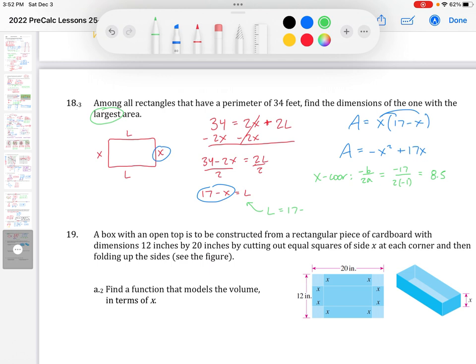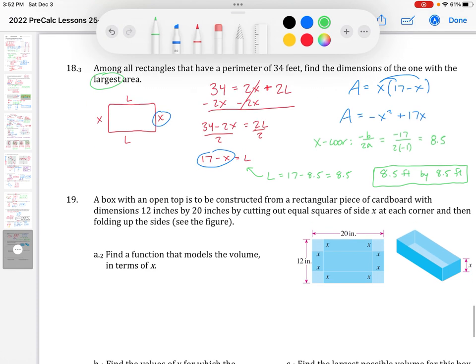So that's going to give us our length is 17 minus 8.5, which is also 8.5. So the dimensions with the largest area would be 8.5 feet by 8.5 feet. And if you didn't know, that's a square, which always would give you the biggest area.